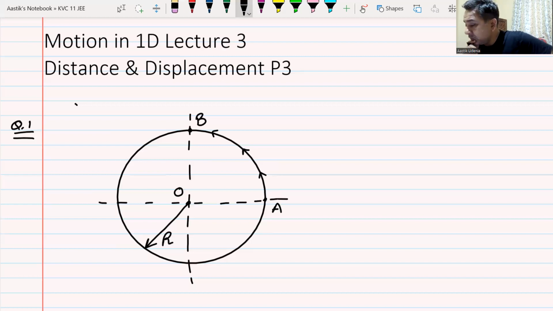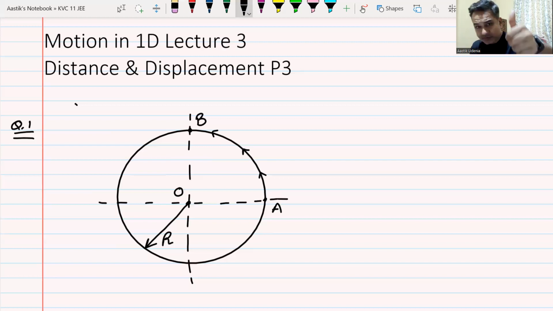2D motion, sir. Yes, it is an example of motion in 2D. The motion is taking place in a plane. So this is an example of motion in 2 dimensions. But remember, the definitions that we have learned are valid whether the motion takes place in 1 dimension, 2 dimensions, or 3 dimensions.